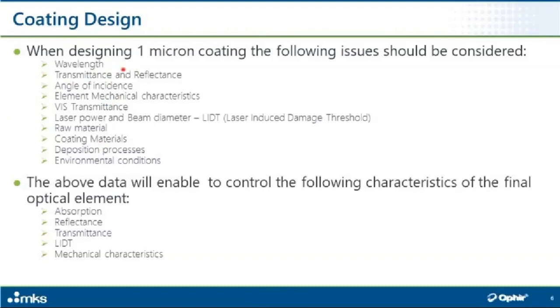Sometimes we want to focus on a single wavelength, let's say 1064. But in other cases, we would like to cover the whole range between 1030 and 1070. So the first parameter to specify is the range of wavelengths. The second parameter is transmission or reflection.